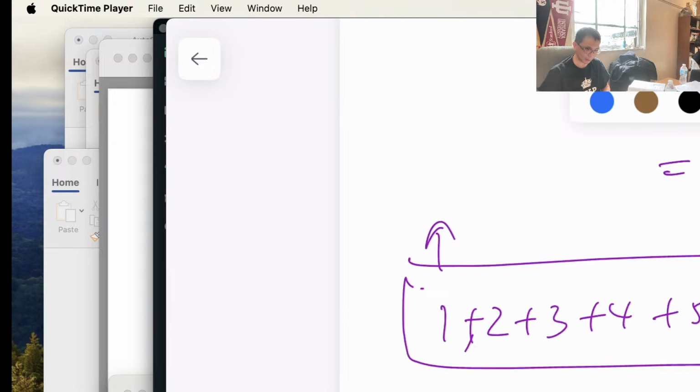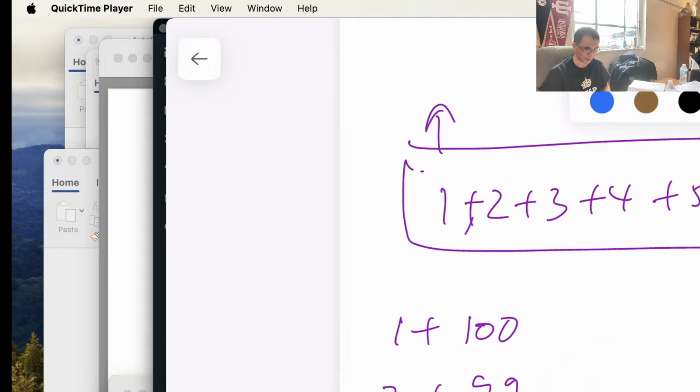Dot dot dot, all the way to the last pair, 50 plus 51. So there's a 101, 101, 101, all the way to 101. So that means 101 times 50. So it'll be 5050. That will be the answer. Do you guys remember this?